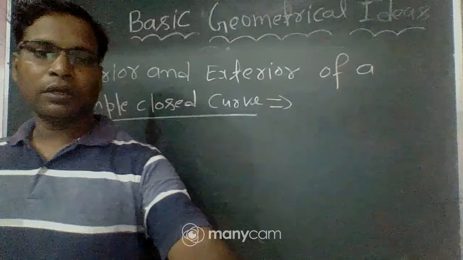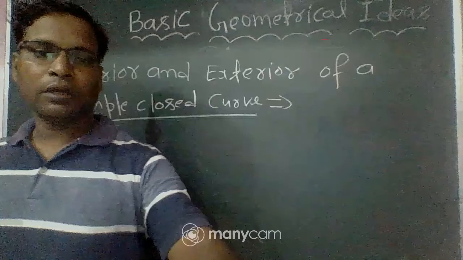This curve divides the region of the plane into three parts. The first part is the interior, and this is the exterior, and this is the boundary of the curve.